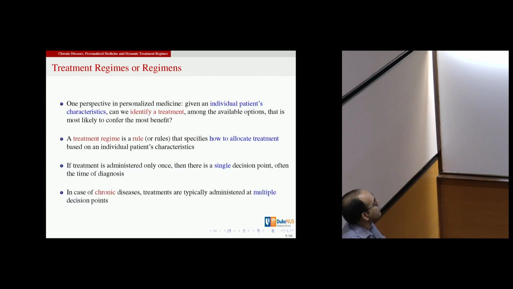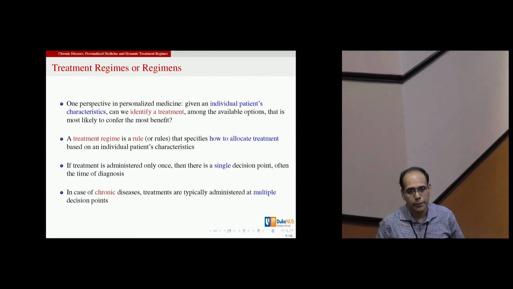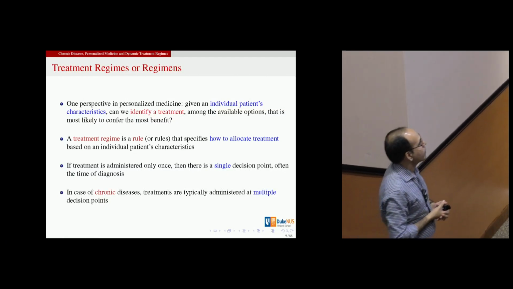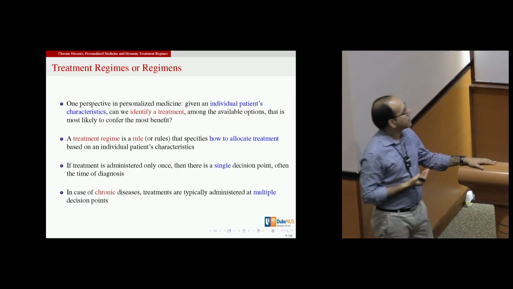Okay. So in that context, we define a treatment rule or regime as basically a rule or rules that specify how to allocate treatment based on an individual patient's characteristics. If this is administered only once, which is consistent with the acute care model of healthcare, it is basically a single decision point, often at the time of diagnosis.